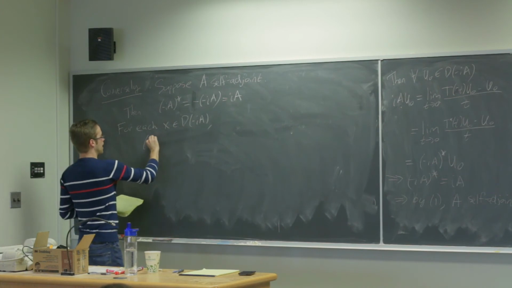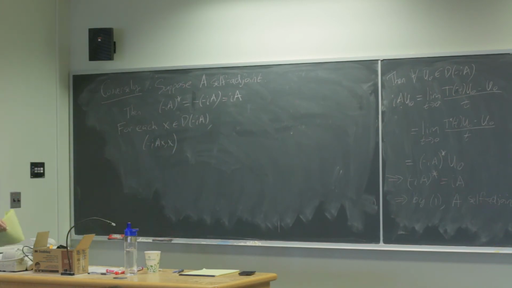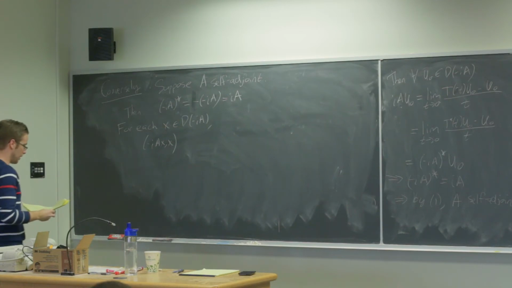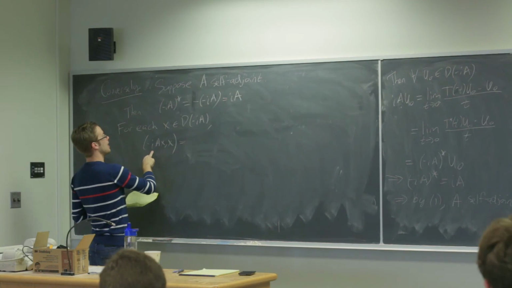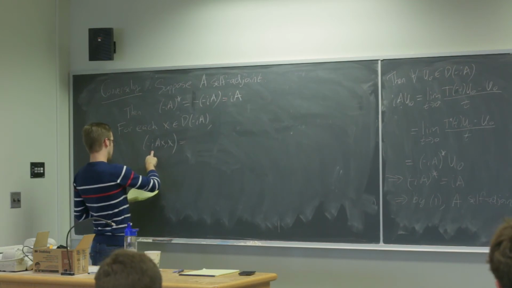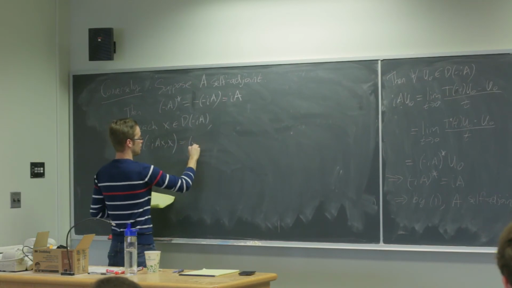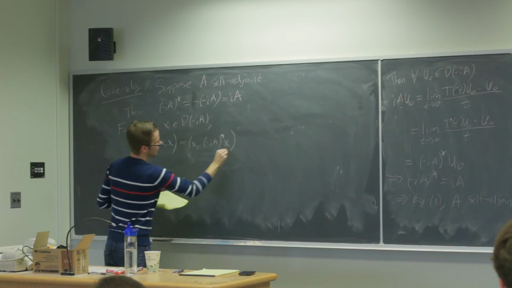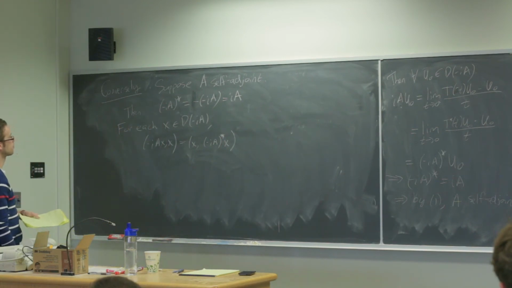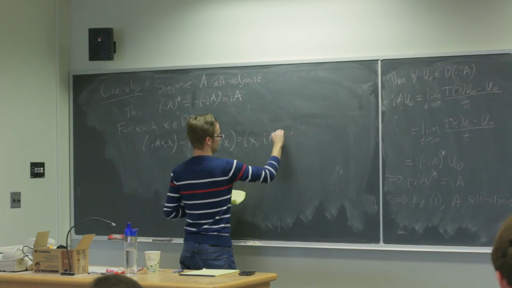So I'm going to look at (minus iAx, x) and see what happens with this guy. This is going to be equal to, so minus iA, let's push this guy to the other side. This is (x, (minus iA)*x). But (minus iA)* is iA. This is (x, iAx).